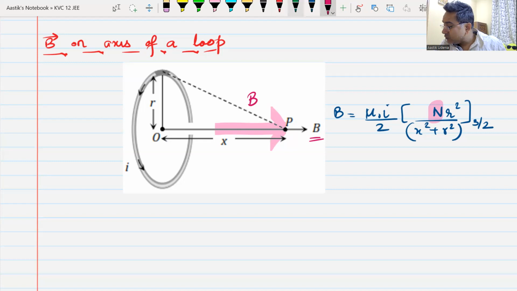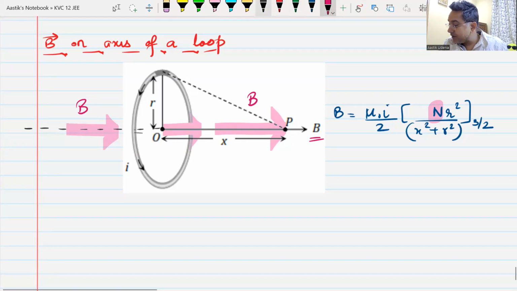At the center of the loop, my dear friends, at the center O, what is the direction of magnetic field? At the center of the loop also, the direction of magnetic field is like this. If the point P is on the other side of the loop, the magnetic field is still on the same side. So remember this.